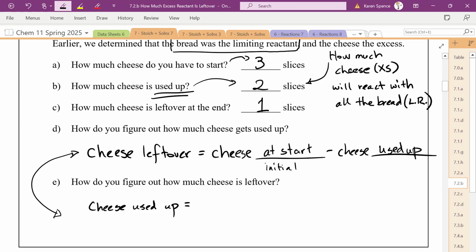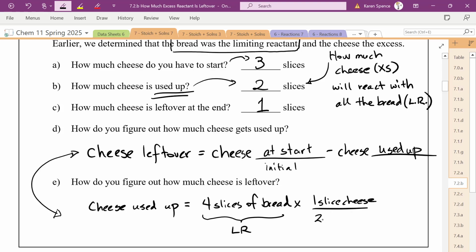Well, we said there were 4 slices of bread, which is our limiting reactant, times 1 slice of cheese for 2 slices of bread.